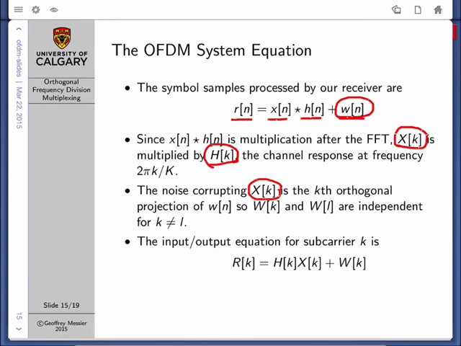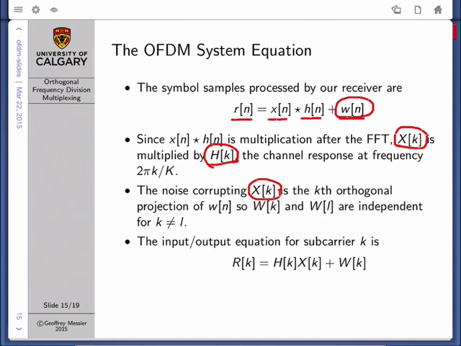And so basically what we're doing is taking the projection of the additive noise onto a series of orthogonal signal dimensions, which means that the noise corrupting each of our OFDM carriers is independent, or basically manifests as a series of independent random variables.